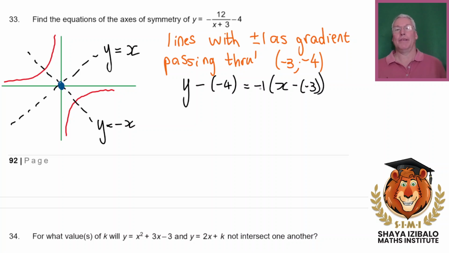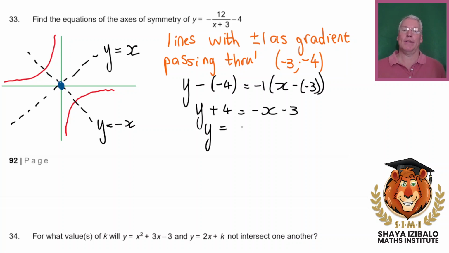Obviously the other one would be with a gradient of 1. So to short circuit this a little bit, we're going to get y plus 4, and here we're going to get negative x, subtract 3, negative x minus 3. And so we get y equals negative x minus 7. That's the one.